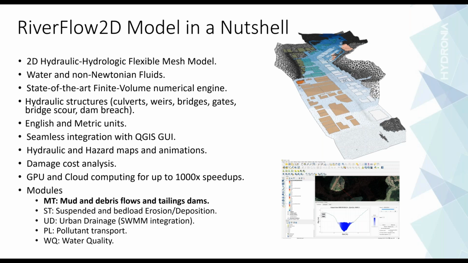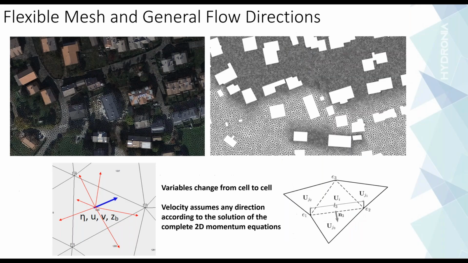The specific module I'm referring to today is the MT module, the modern debris flows and tailing dams. But the model also has modules for other applications like sediment transport, urban drainage, pollutant transport, and water quality. The main characteristic of the model is the flexible mesh.